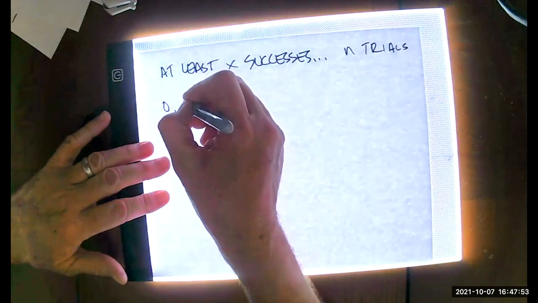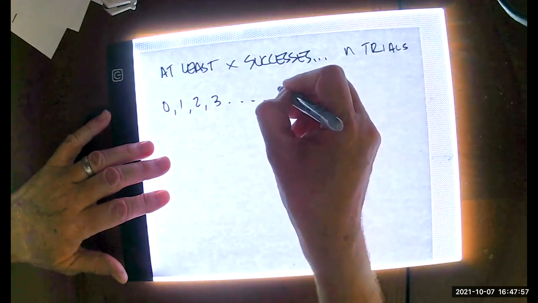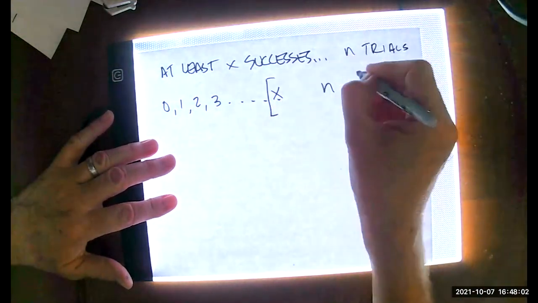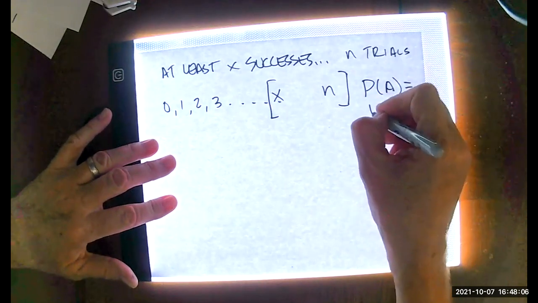So that's 0, 1, 2, 3, all the way up to n. x is there somewhere in the middle. This is the set that you are interested in. This is the probability of A you want.